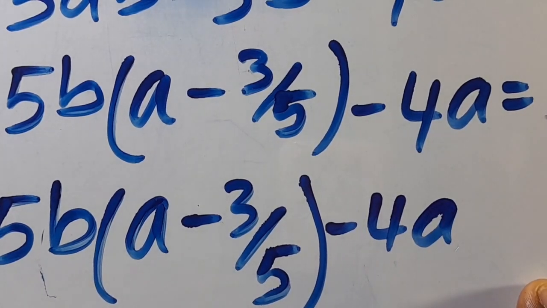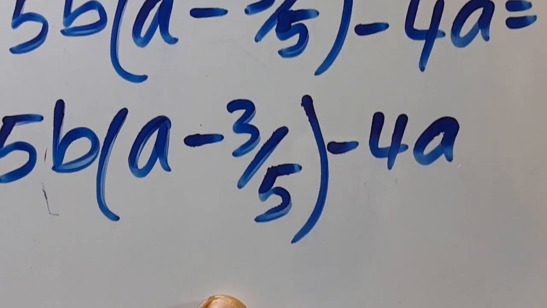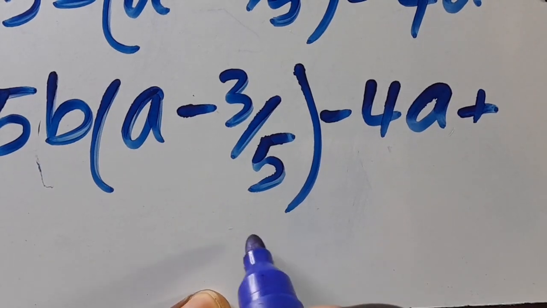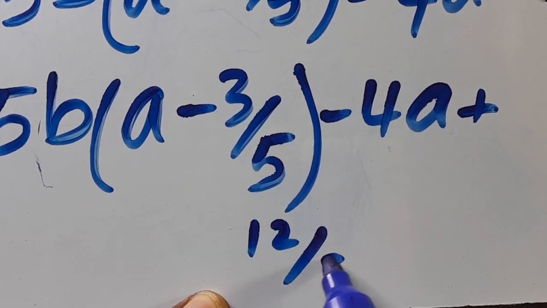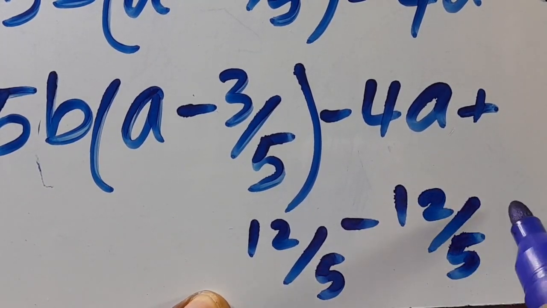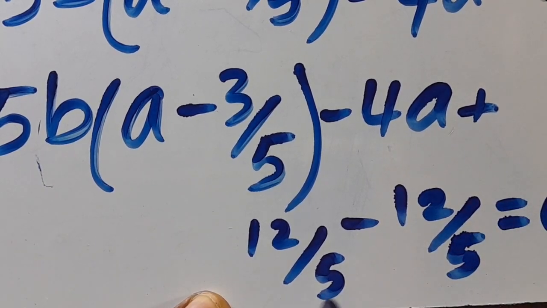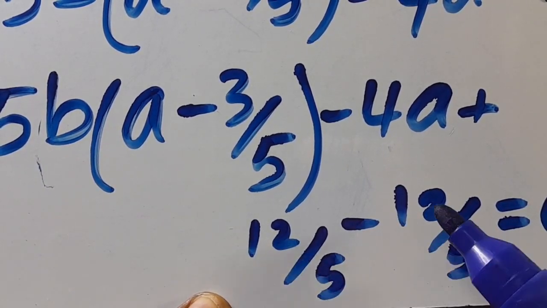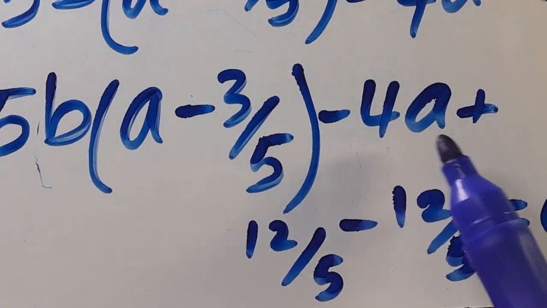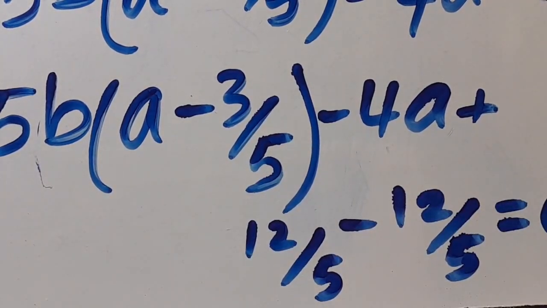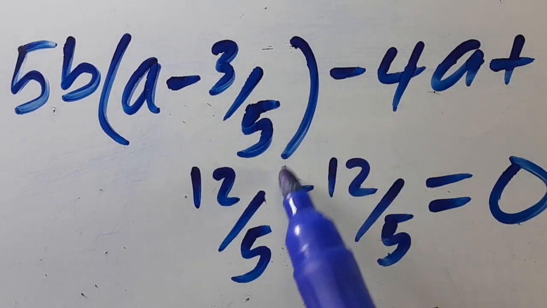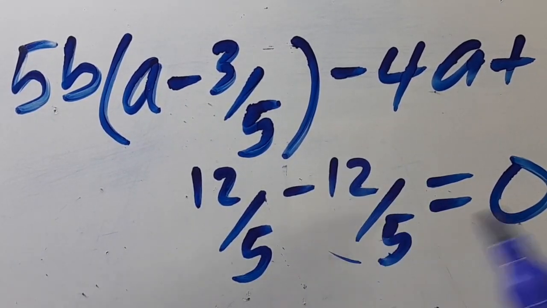Then from here, let us add 12 divided by 5, then minus 12 divided by 5, and we set everything to be equal 0. We believe that this will cancel this, so we are going to have our previous equation that we have here. Now let's see what will happen. Let's continue our solving. So now from here, let's take this minus 12 divided by 5 to the other side.